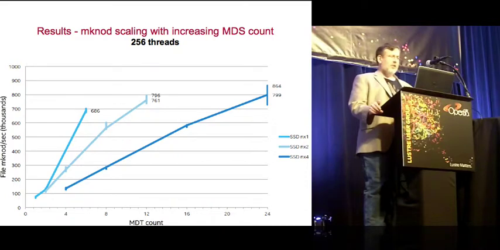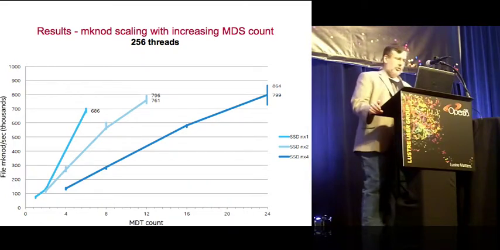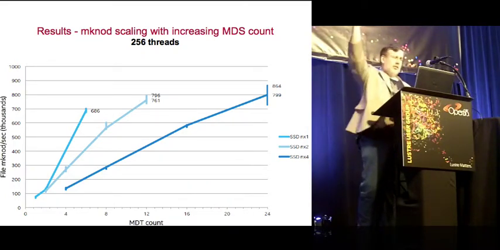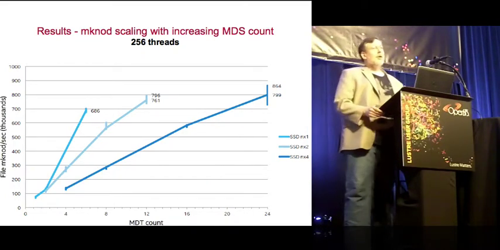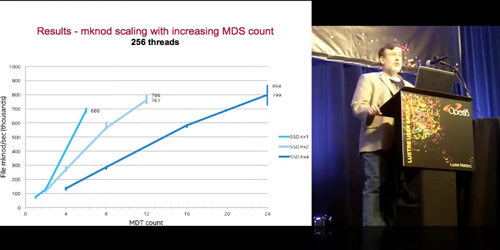I'm sorry, the MDS count. Does that make sense? Each blob that you see is the cutoff point for adding MDSs, and the scaling here is linear.